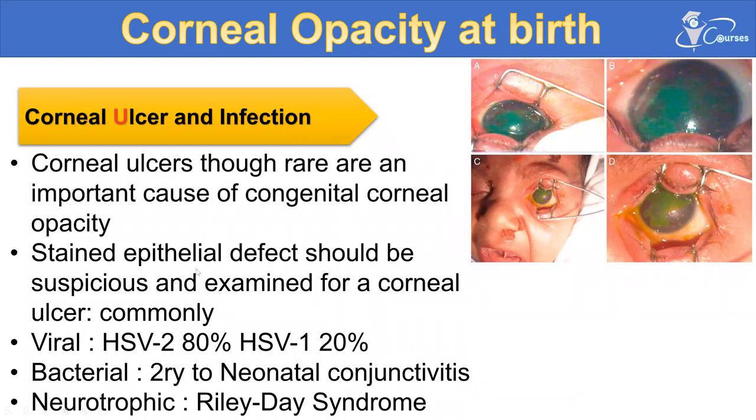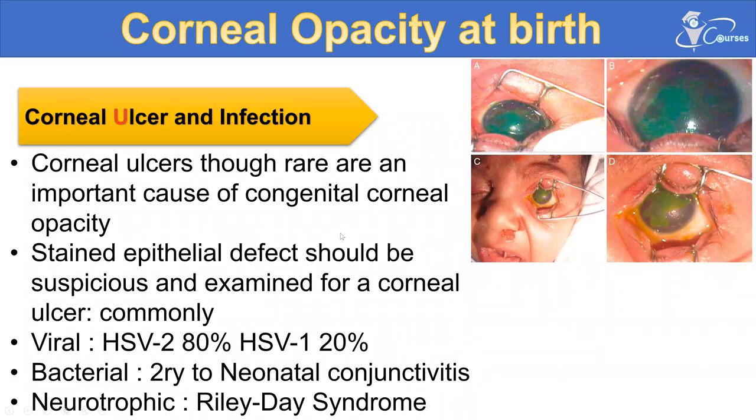And even after the advent of erythromycin and antibiotic eye drops with perinatal prophylaxis, there is prevention of corneal ulceration and infection. So it is rare. However, it can occur, and it is still an important cause of congenital corneal opacity.